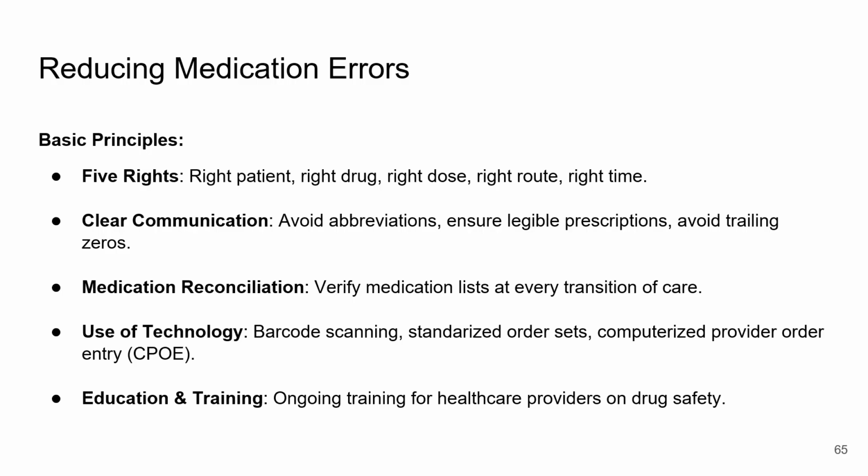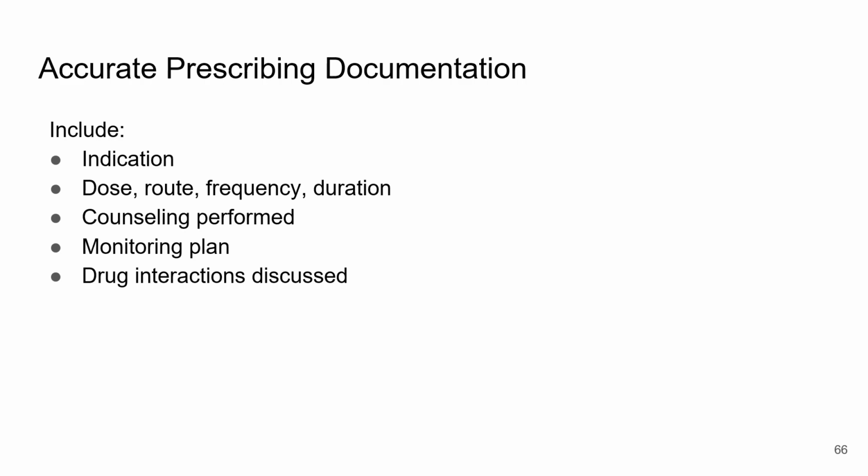So barcode scanning, standardized order sets, and CPOE will reduce human errors and improve consistency over time. And then as you get to the level that you're actually treating patients, there will be requirements for ongoing education and training, because drug knowledge evolves over time. So we have to make sure that we keep current. That's one of our professional responsibilities.